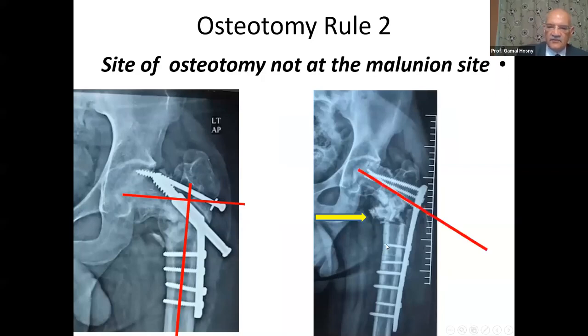We did osteotomy, and we have about 130 degrees, but we did medial displacement. Because here is the CORA, but the osteotomy is not exactly at the site of the CORA. That's why we should have displacement, and this is osteotomy rule number 2. But at the end, we should have alignment of the mechanical axis.